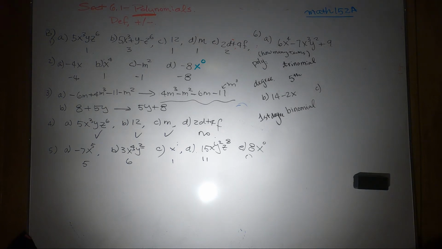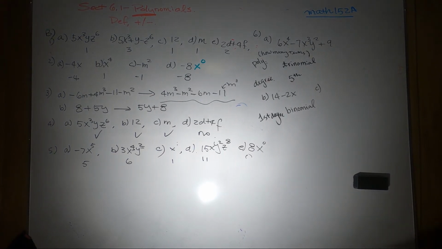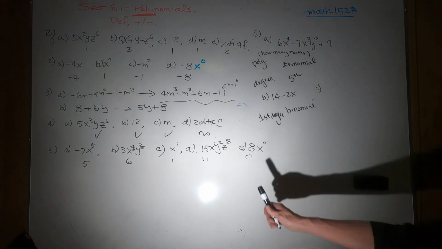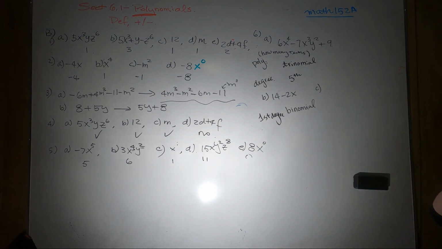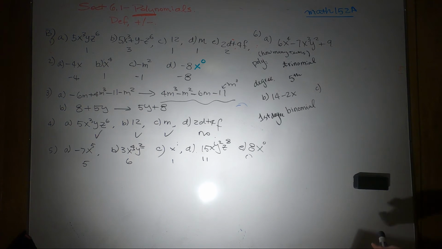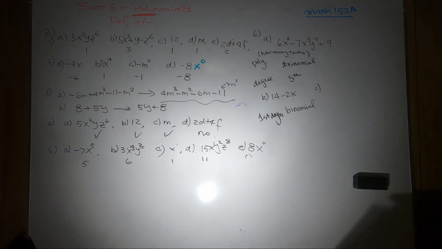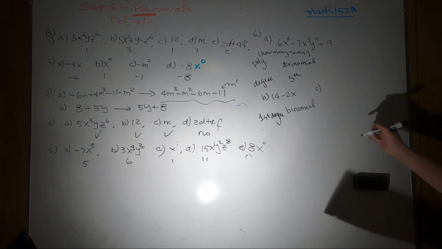Then after 4, above 4 terms, we don't really describe. We just say, oh, 3rd degree polynomial, okay? We don't use monomial, binomial, trinomial. We just say they are polynomials most of the time, okay?